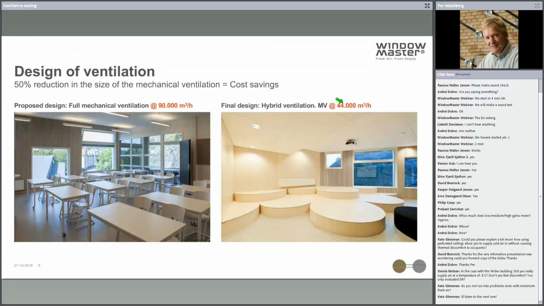So the capacity is around 44,000 cubic meters per hour instead of 90,000. That means they can reduce the size of the mechanical ventilation system by 50%. Also the ceiling height and the duct sizes can be reduced, etc. So actually this was the final design. They chose the hybrid ventilation system, where they have a smaller mechanical ventilation system and a natural ventilation system also.